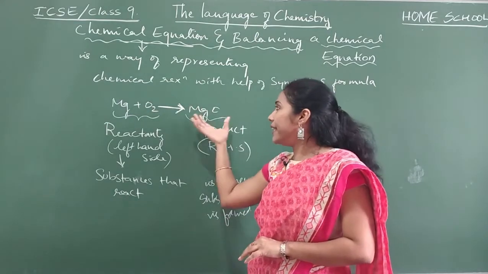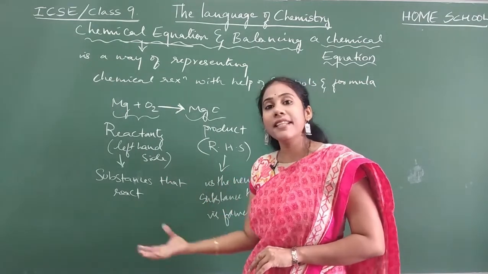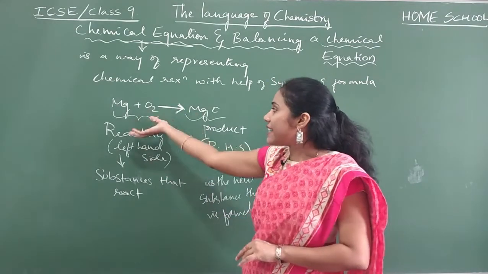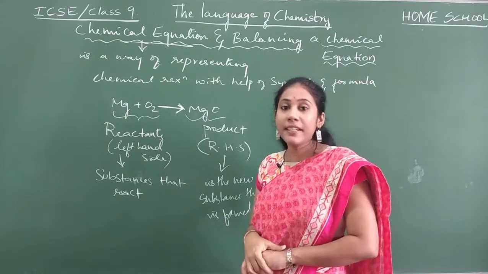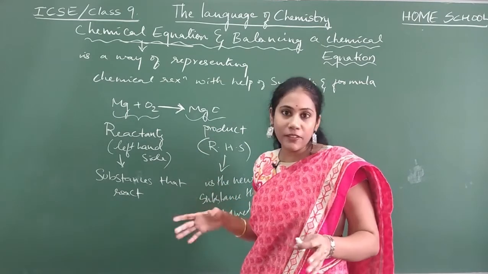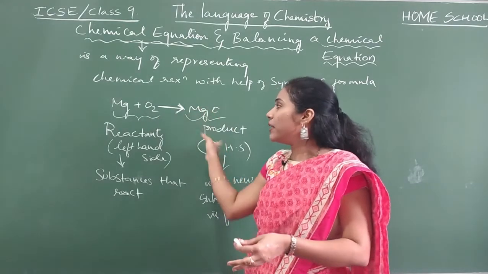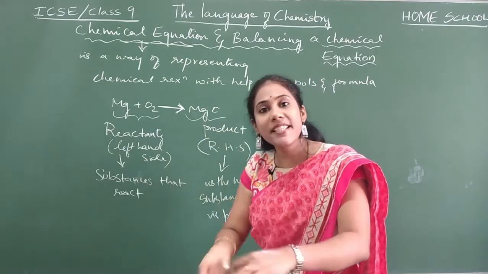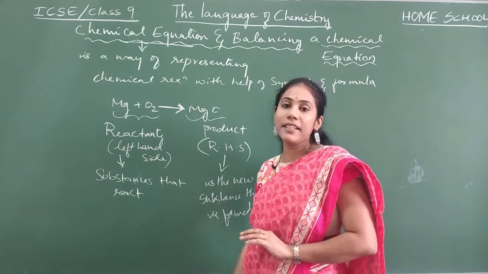So when you write this and show it to people, they can easily understand which have reacted and which has newly formed, isn't it? Even if they don't know the language that you explain, by writing this you can convey the message easily to people. So that is the use of chemical equation.